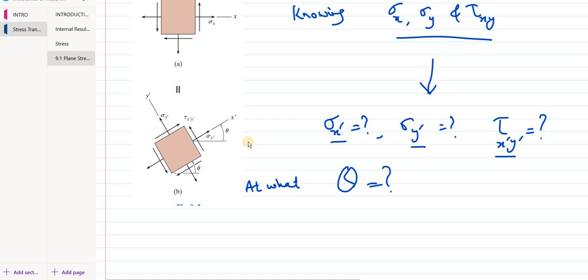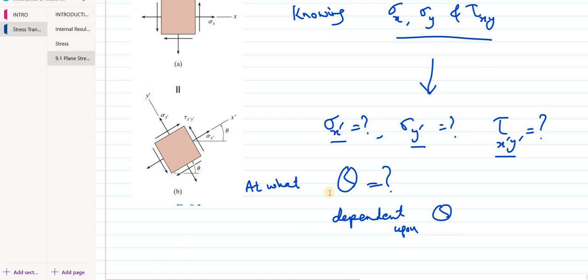So the answers will naturally be dependent upon theta. If you change the theta value, you have a different set of x prime, y prime axes, and of course these stresses will also be different.